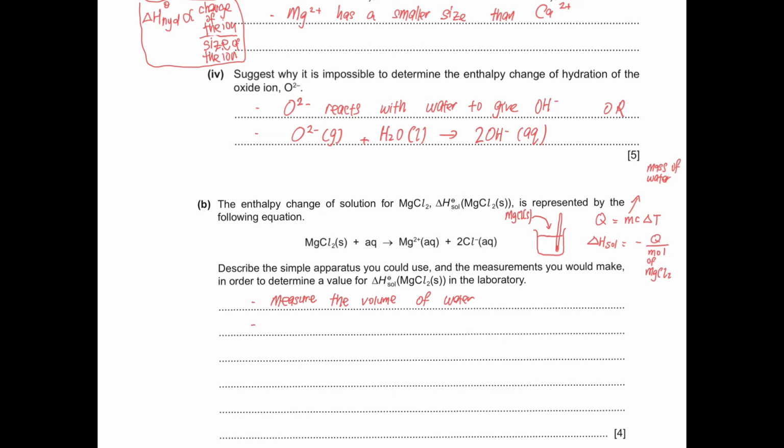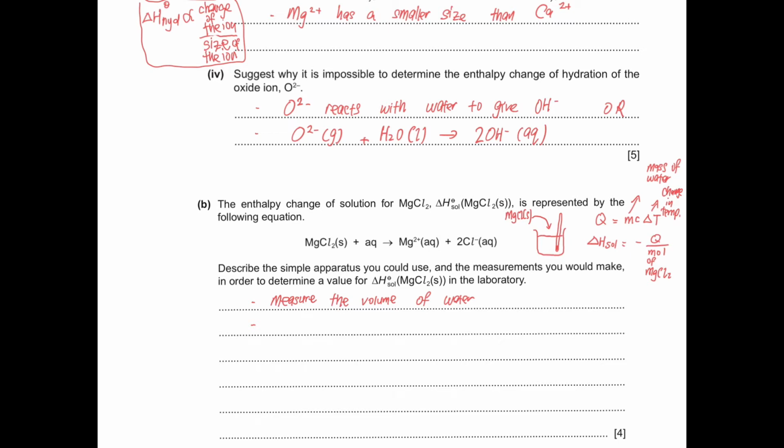You look at the formula again. Q equal to mc delta T, right? So delta T is the change in temperature. Because of that, we need to state the measurements of the initial temperature and the final temperature.